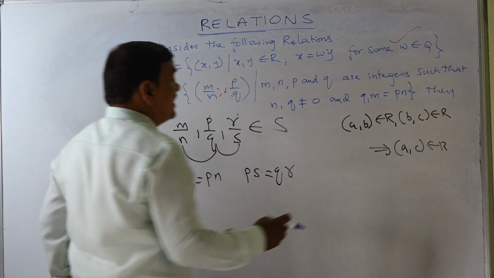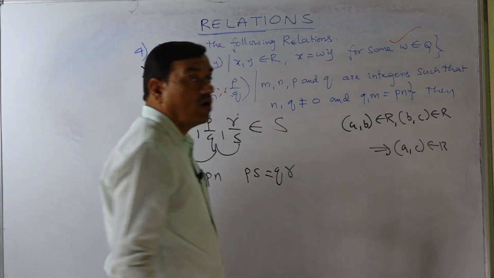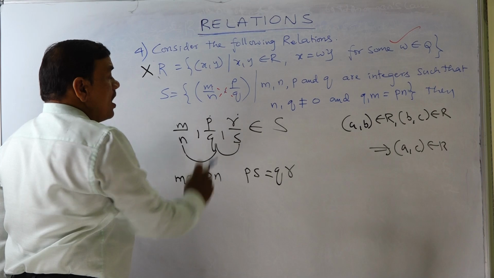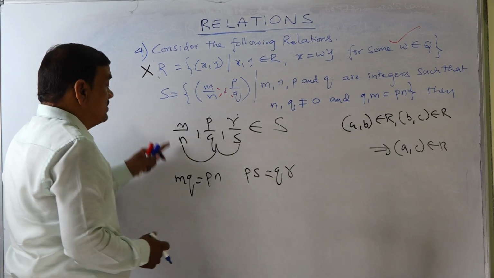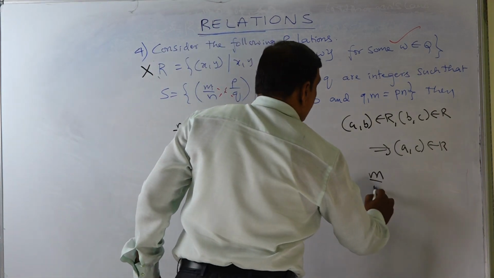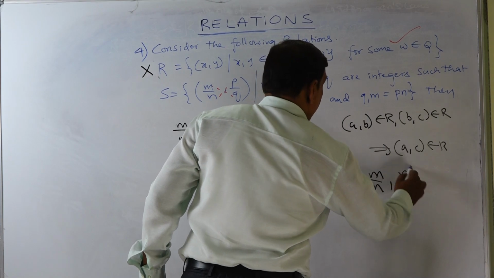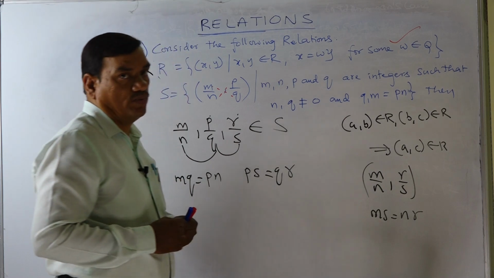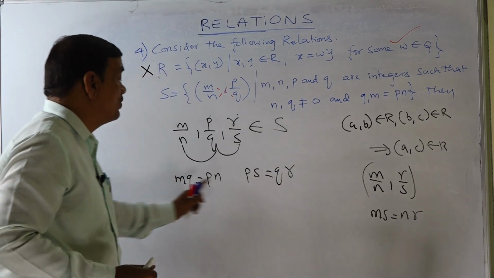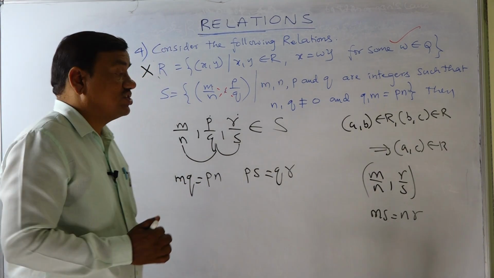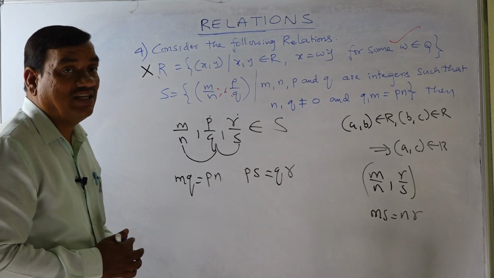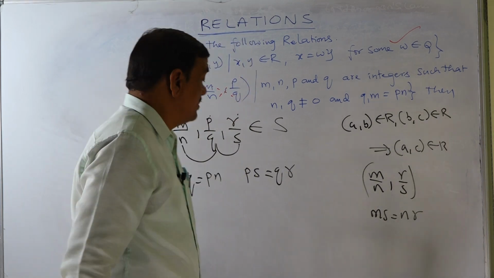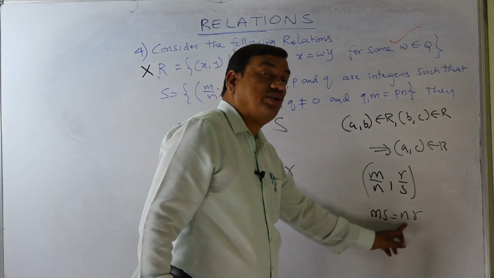We have to check that (a, c) belongs to R or not. That means m by n, r by s belongs to S or not. The condition we have to prove is ms is equal to nr. If we are able to prove ms is equal to nr from these two conditions, the problem is over. That means here we have to remove p and q.